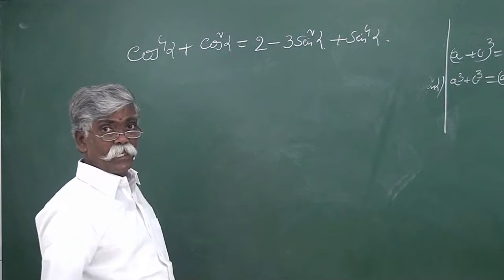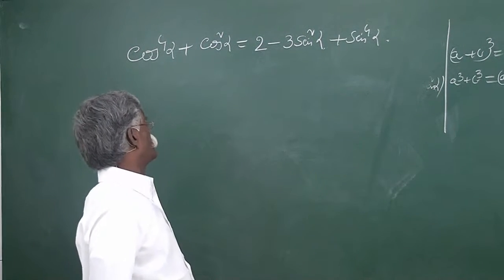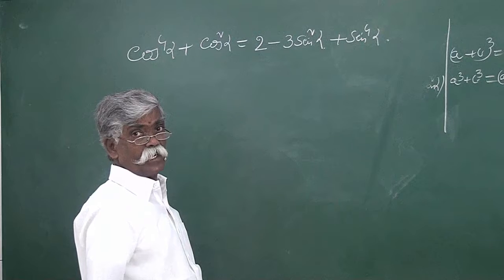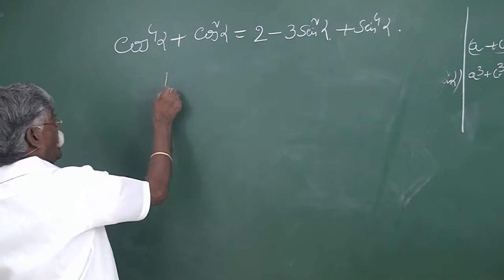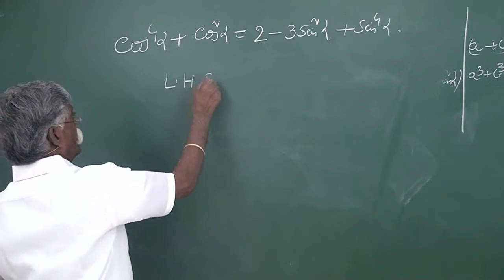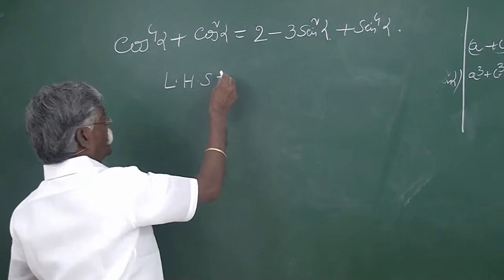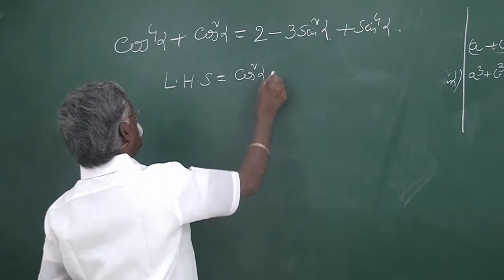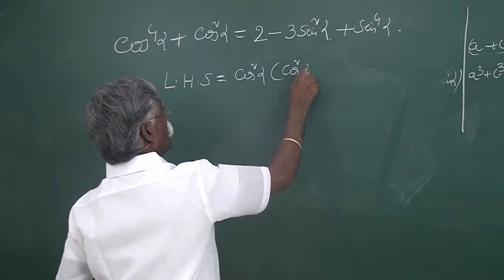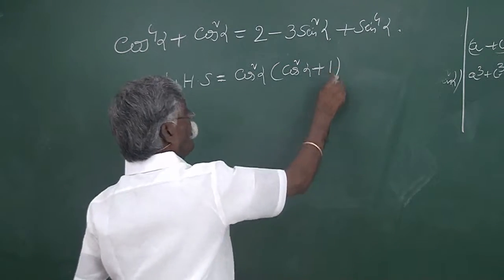The left hand side is expressed in the ratio cosine and the right hand side is sine. So let us take the LHS. Here we will get the common factor as cos square alpha, and this is cos square alpha plus 1.